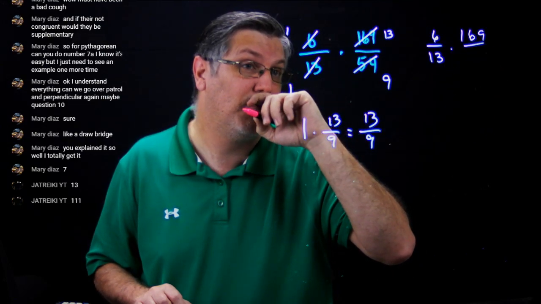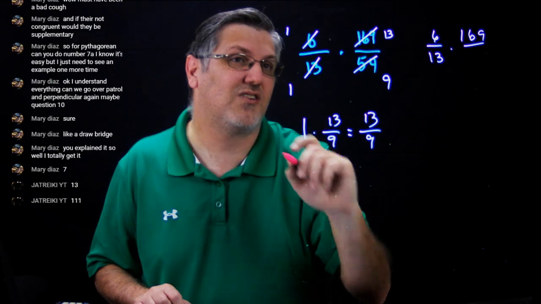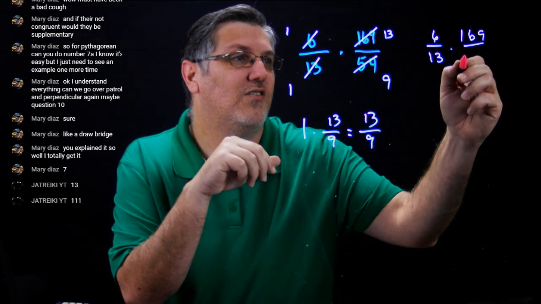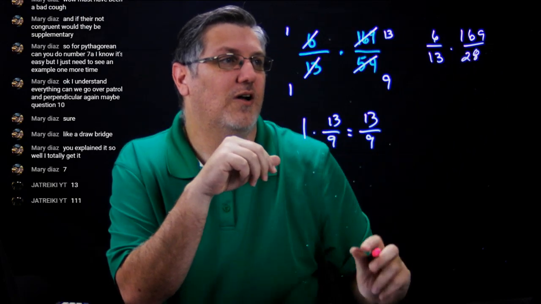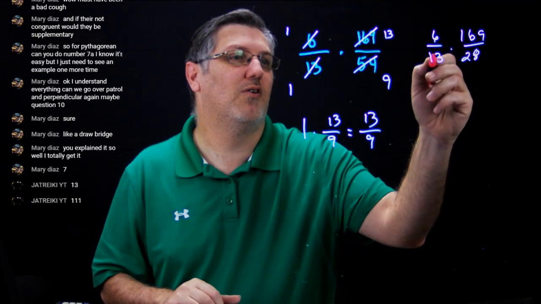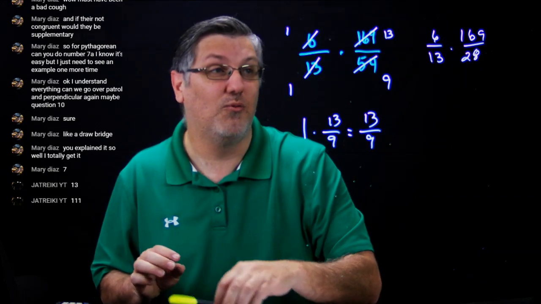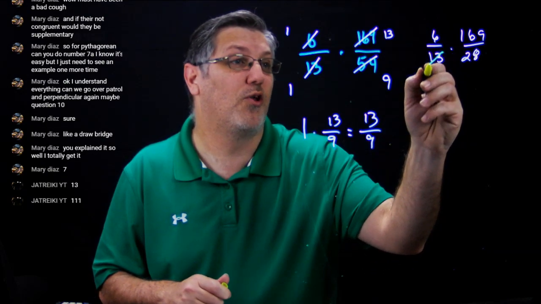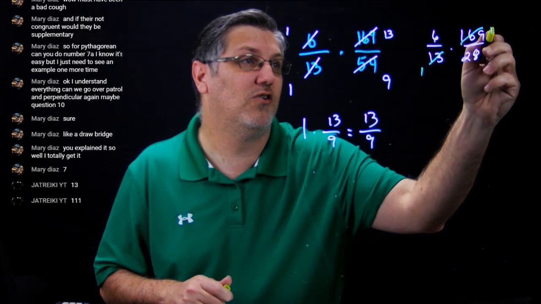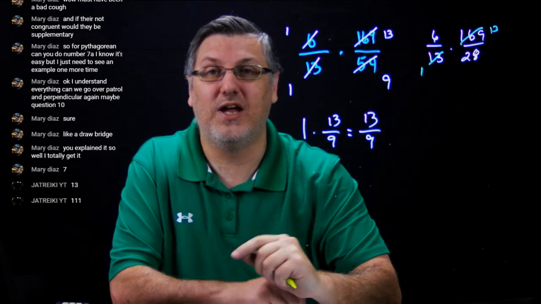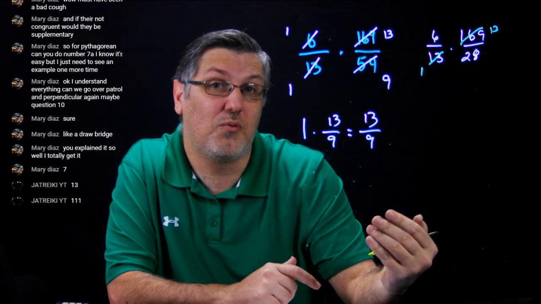Let's say instead of it being divisible by 6, let's just do it divisible by 2, so 28. We already know 13 is going to reduce down like this. But now let's look at 6 and 28. 6 doesn't go evenly into 28.